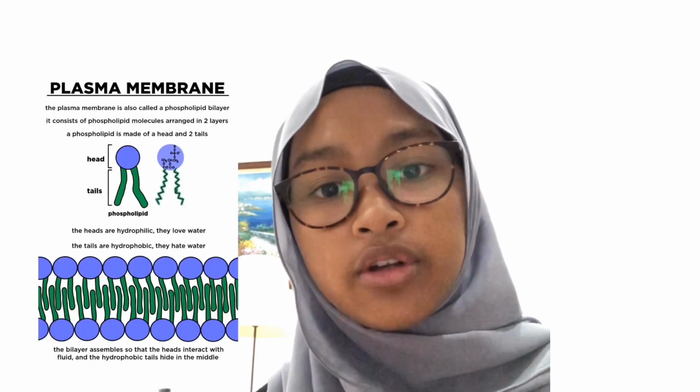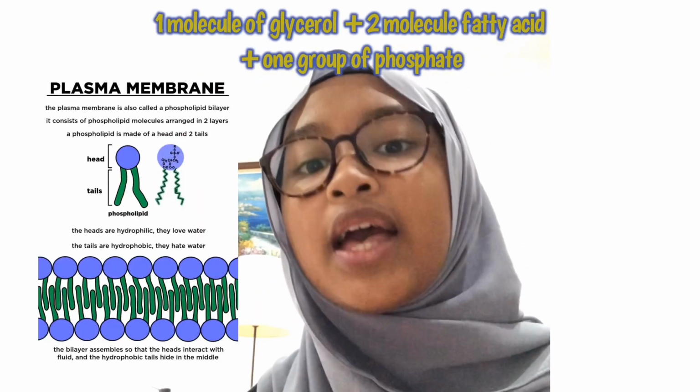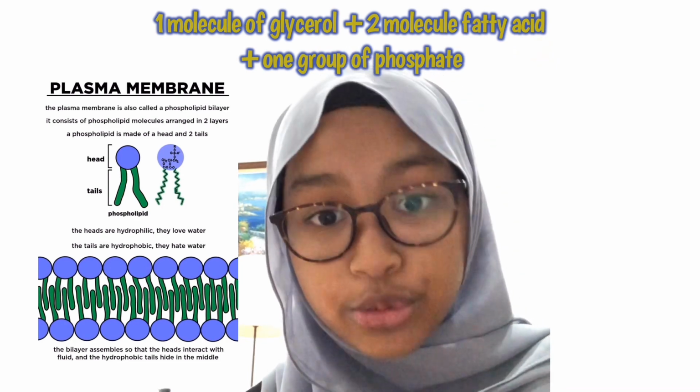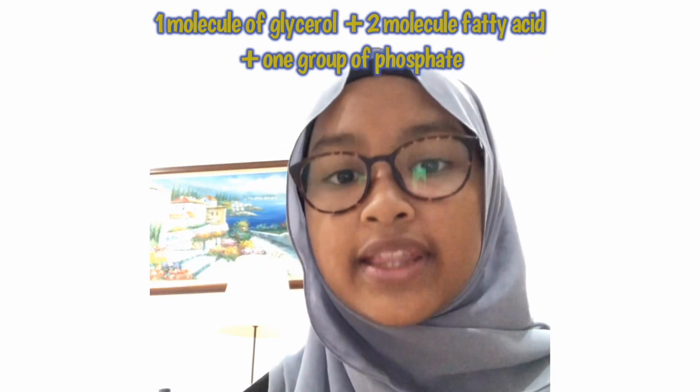Then we have phospholipid, which is a major component of the plasma membrane, made up of one molecule of glycerol that combines with two molecules of fatty acids and one group of phosphate.